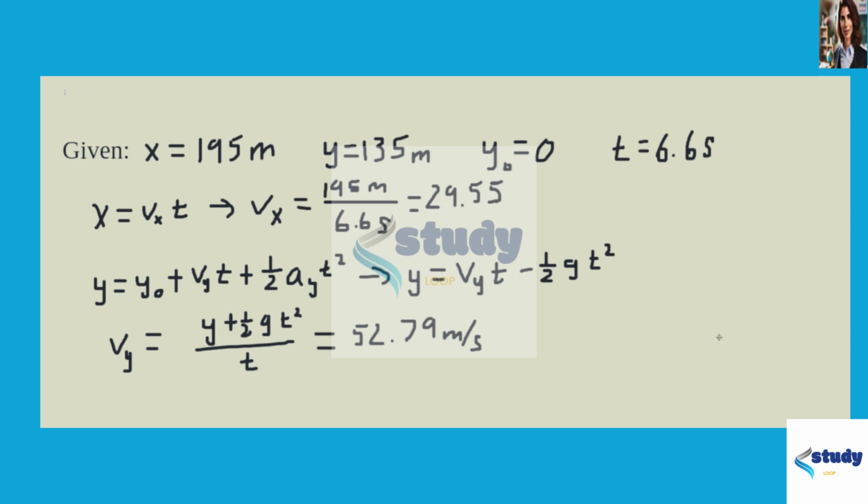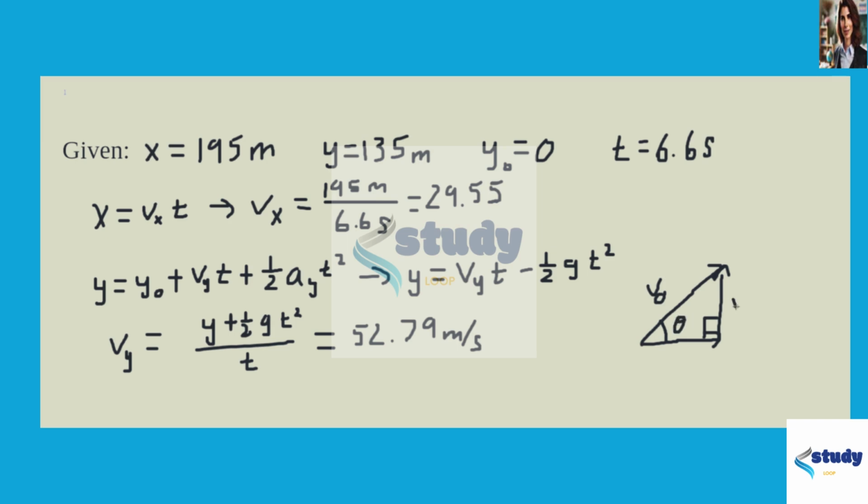If we're just drawing this out in the form of triangles, v of y is that way. You have the velocity in the x direction is that way. So the total velocity, v naught, is there. These are perpendicular to each other, right? And here is the angle.